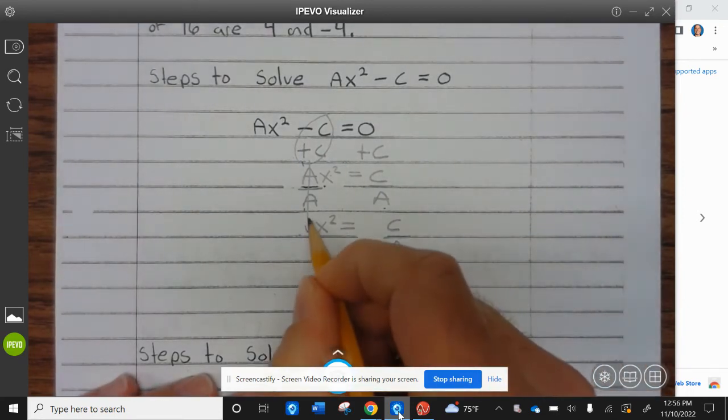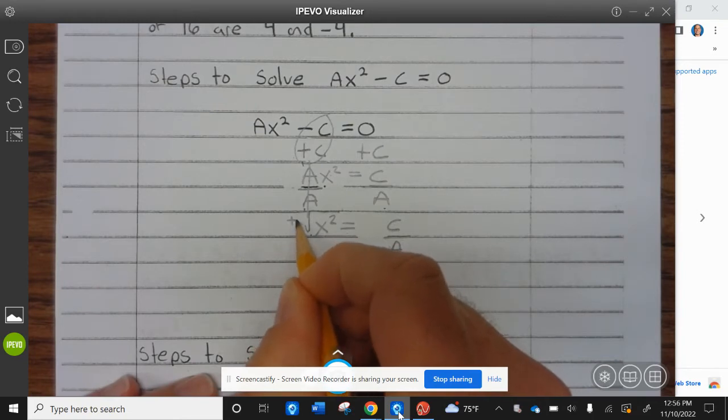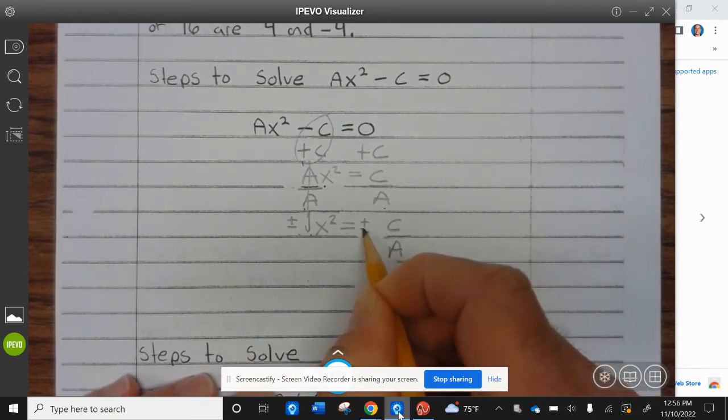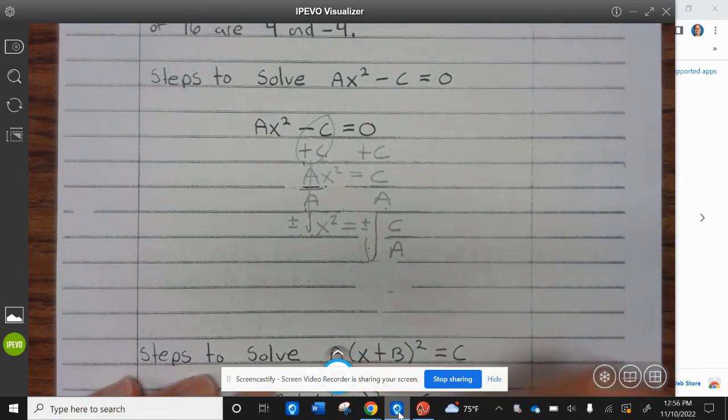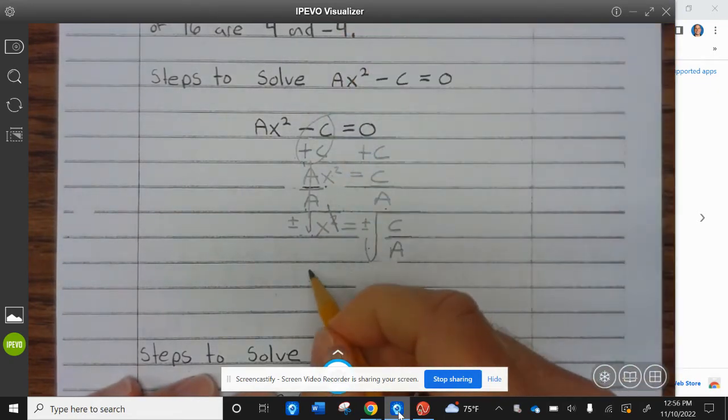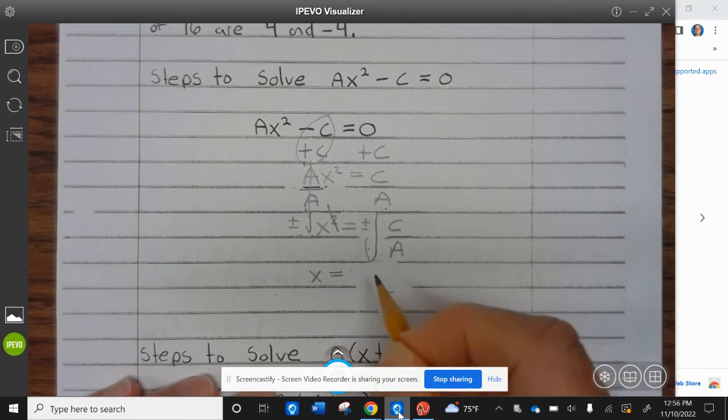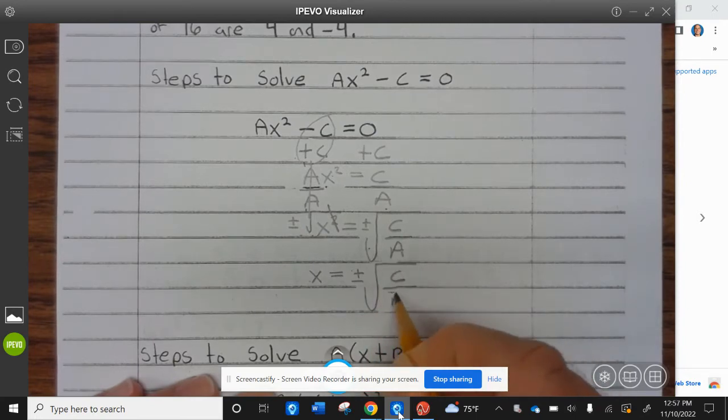Now you're going to take the square root of both sides, which is plus or minus. The square root cancels the squared, so you're left with x equals plus or minus the square root of c divided by a.